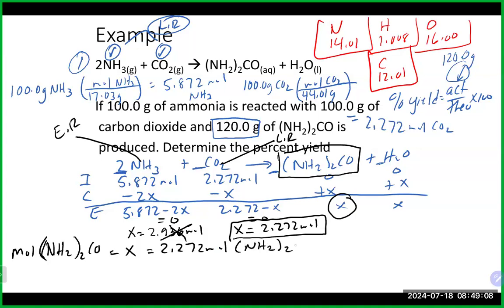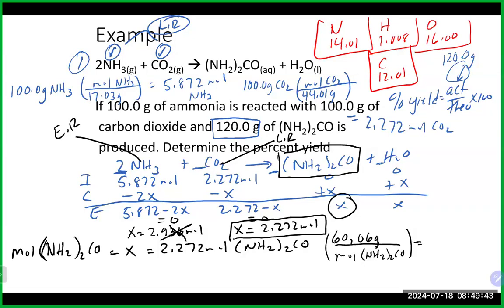We do want grams because our actual yield was in grams, so we want to convert it to the same units. To get the molar mass of our product, that's 2 times 14.01 for the nitrogens, plus 4 times 1.008 for the hydrogens, plus 12.01 for the carbon, and 16 for the oxygen. That's going to be 60.06 grams per mole for our molar mass of our product.